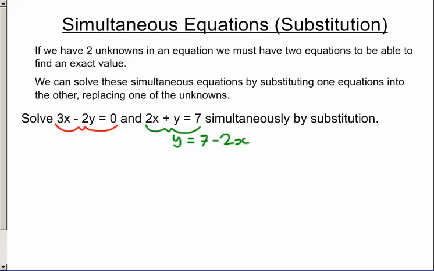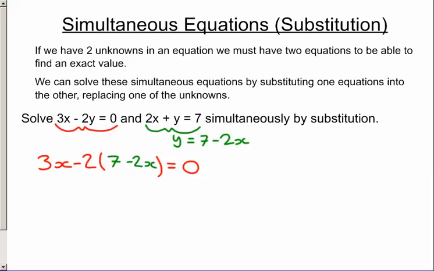And now we do exactly the same thing as before. We substitute in. So we have 3x minus 2, but then instead of y, we write 7 minus 2x. And we know that is equal to 0.